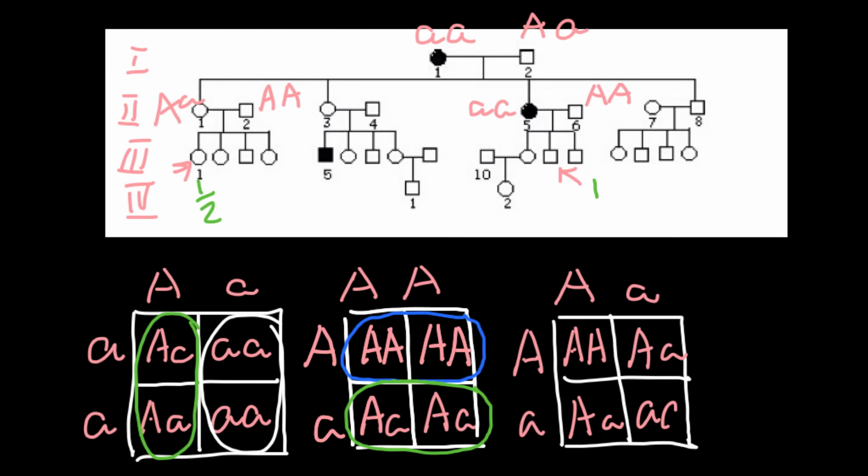According to the Punnett square, 3/4 is the probability that this couple would have an unaffected child, and 1/4 probability that this couple would have an affected child. So now we can return to our question.